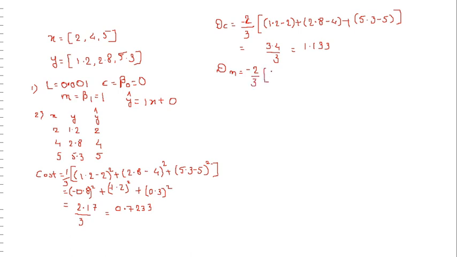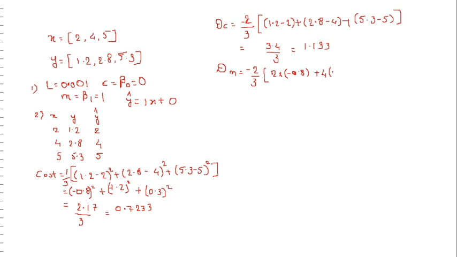And now what I need to do with these values is multiply x, right? So I get 2 into minus 0.8, the same value, I just need to multiply x in it. Plus, what is the next x?